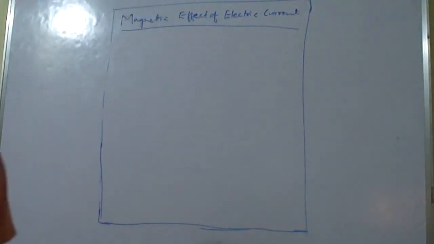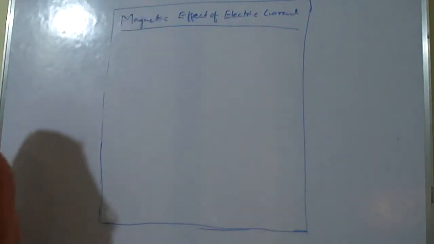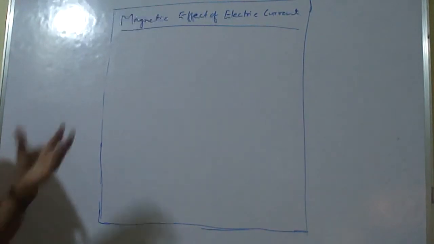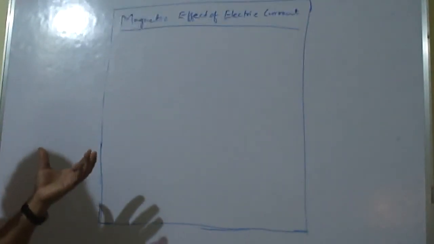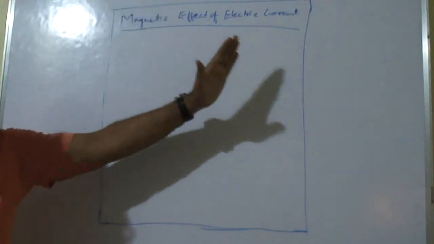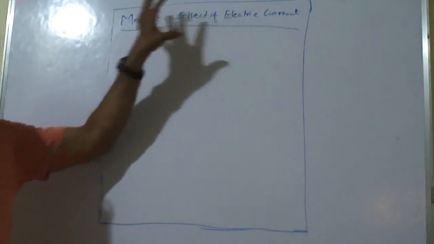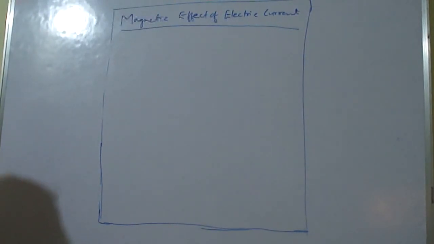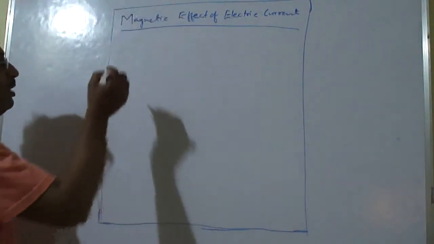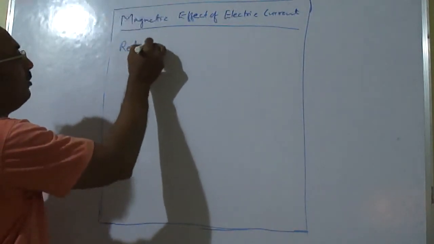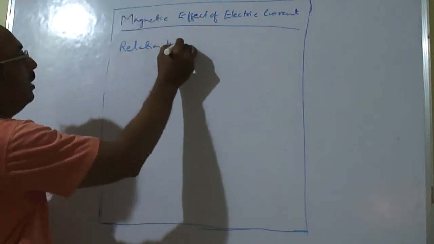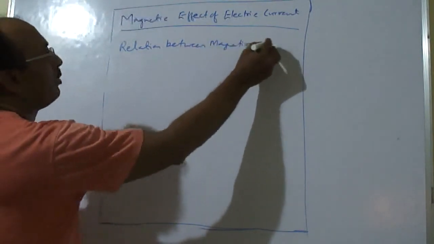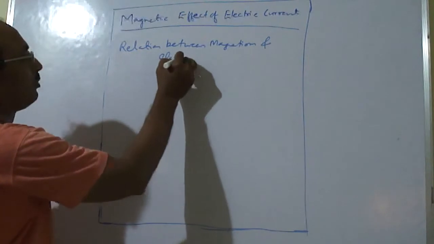Till now we have discussed magnets and their properties. Now we need to find the relation between magnet and electric current.